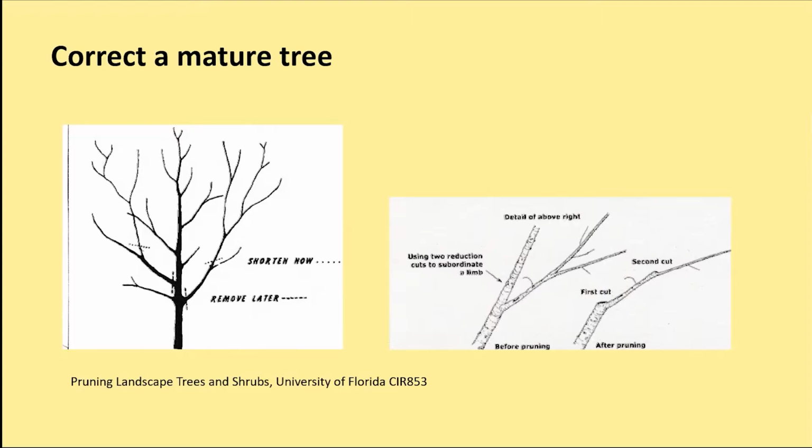Now this works generally when the branch that's remaining after the cut is at least half the size in diameter of the one we remove. Otherwise, the result will not be very successful. It will look odd. The branch that remains would take a long time to catch up in growth and look appropriate. But that's an option.